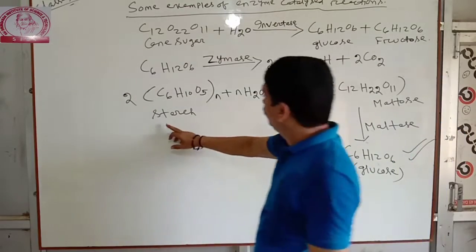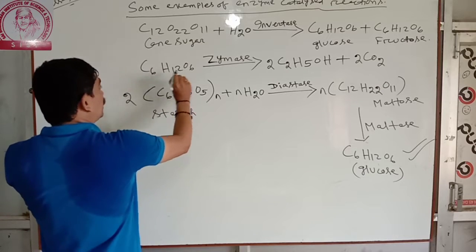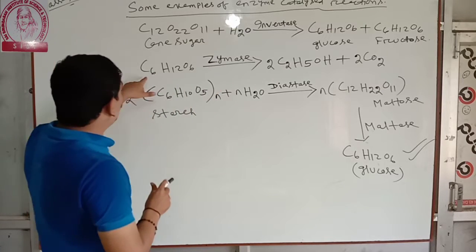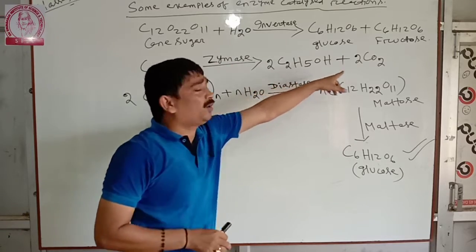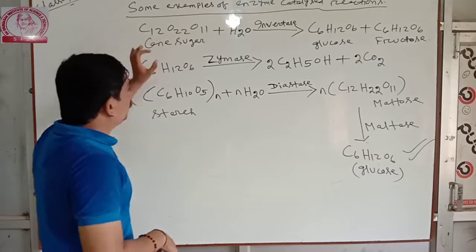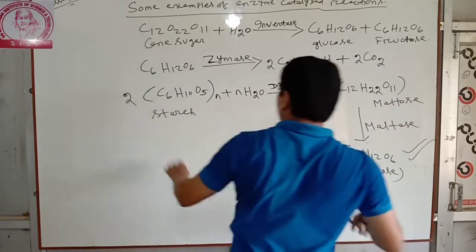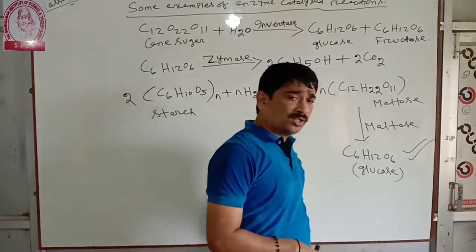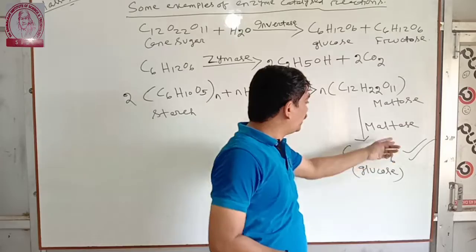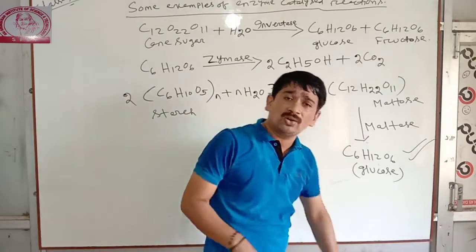Glucose in the presence of zymes converts to ethyl alcohol and carbon dioxide, and cane sugar in presence of invertase converts to glucose plus fructose.